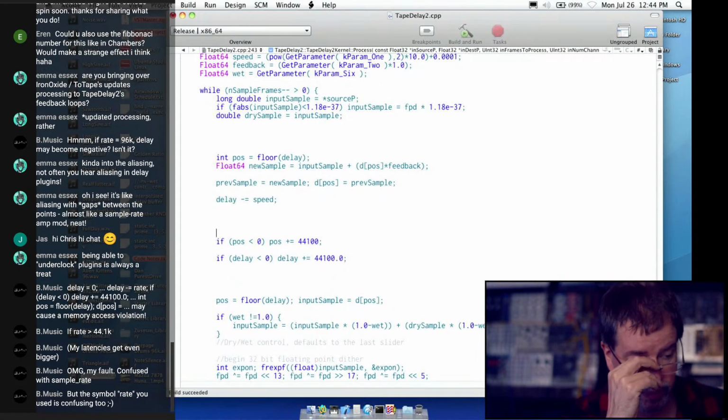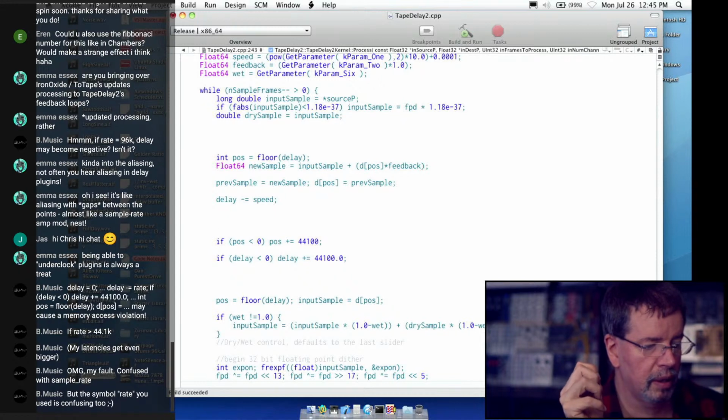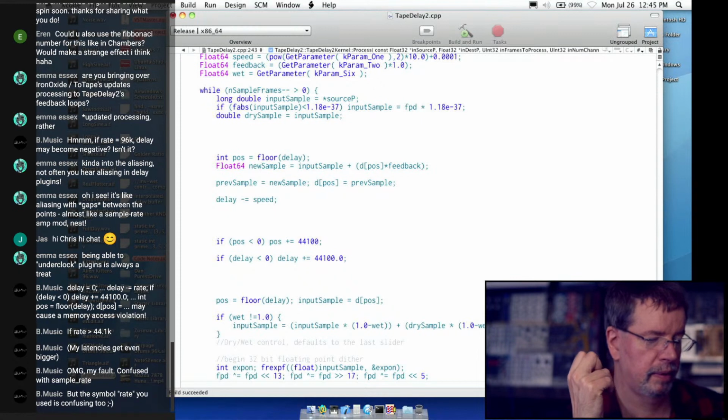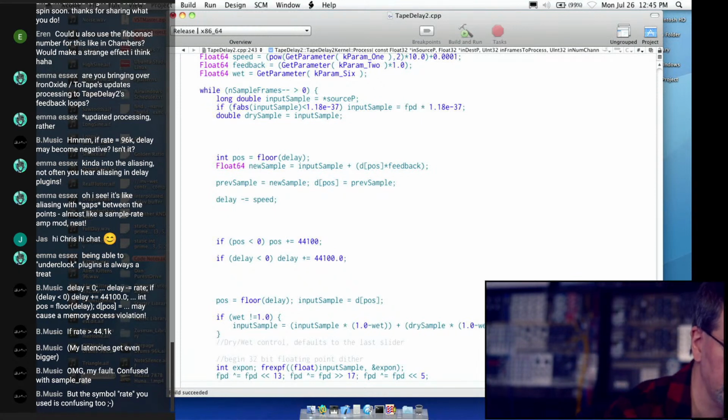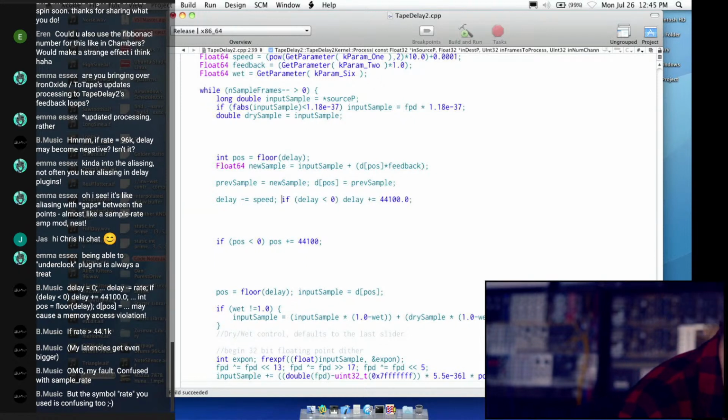Where do we reach our target? We reach our target when pause equals floor delay, which is something that we just impose later, but I'm going to live dangerously. So this is going to already wrap, okay?